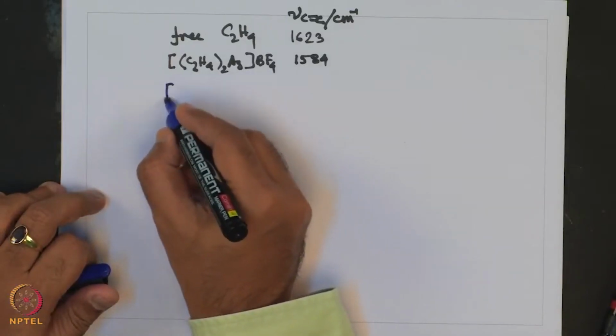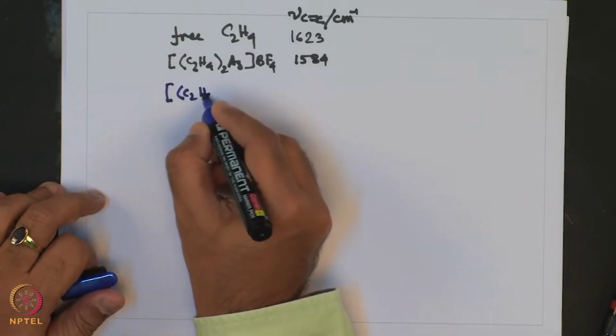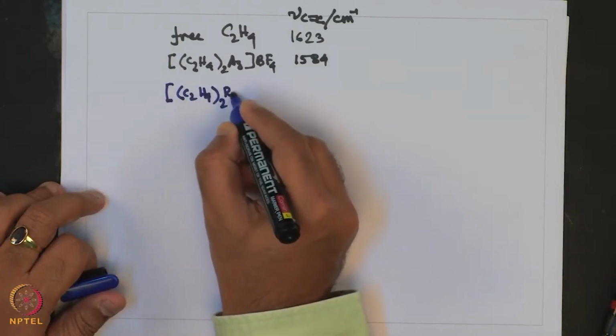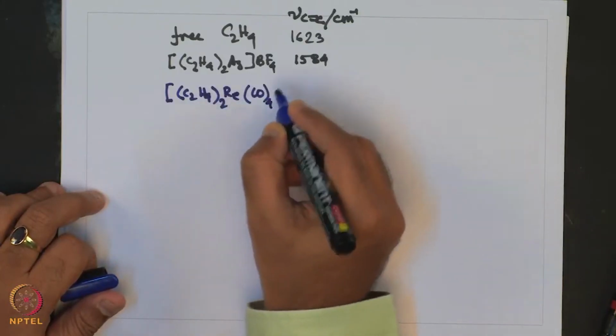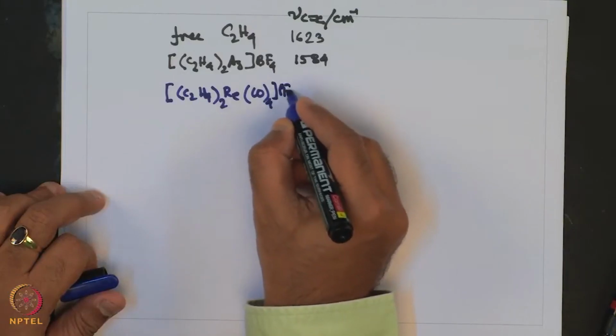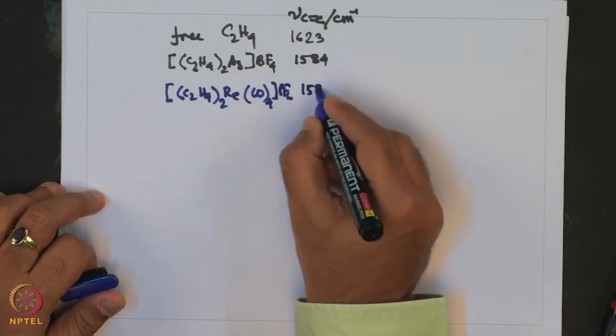Then another complex, (C2H4)2 rhenium (CO)4 PF6, is 1539.